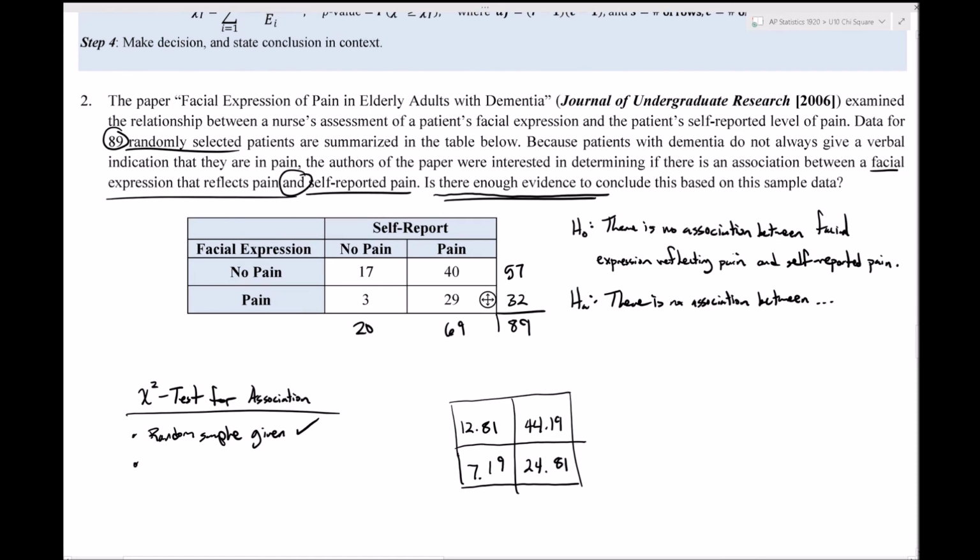So all of these are bigger than 5, or at least 5. So all expected counts, which I might not want to leave unlabeled. These are expected counts are greater than or equal to 5, check mark, and I'll just point to that table.